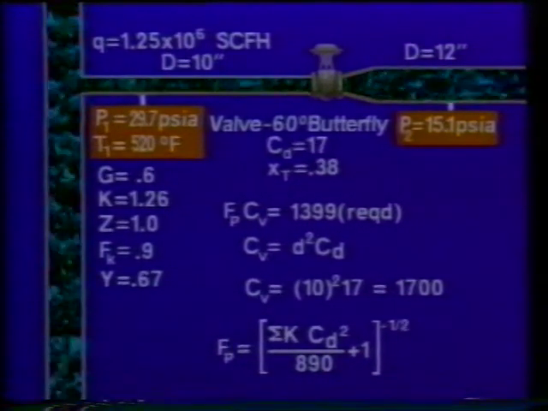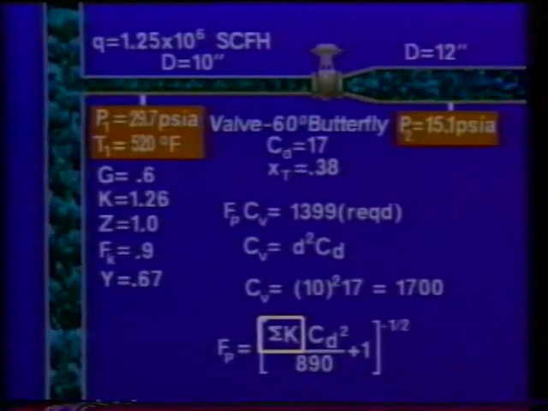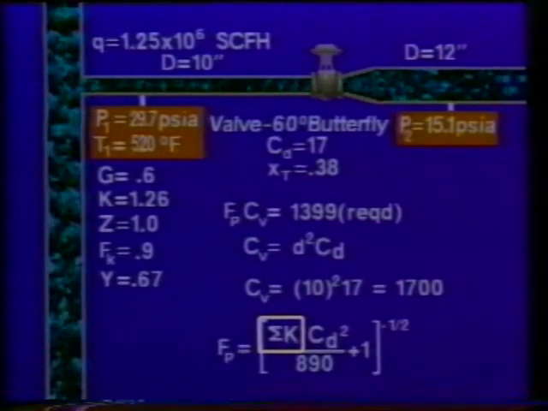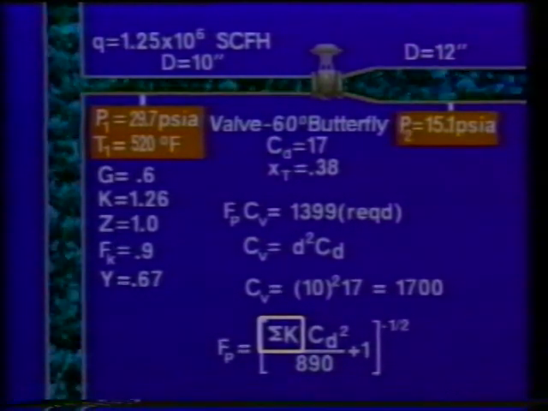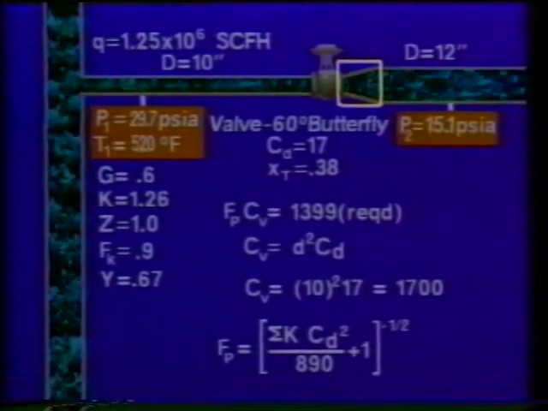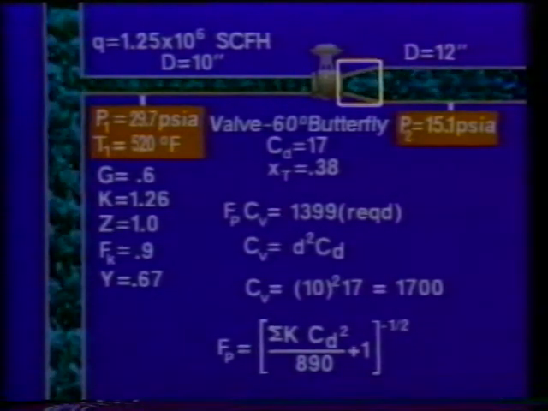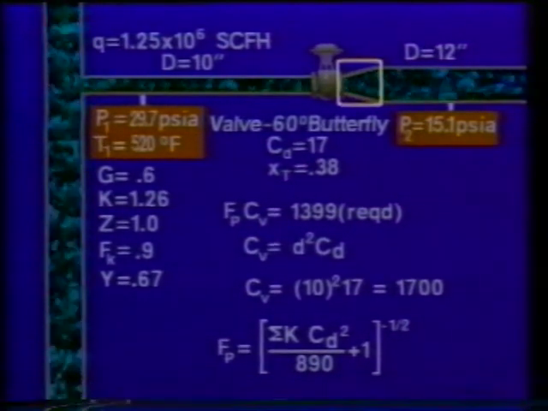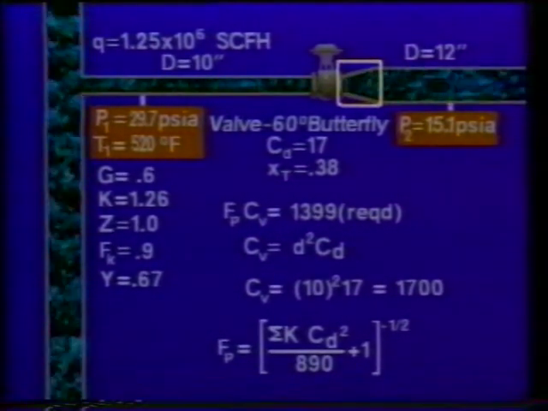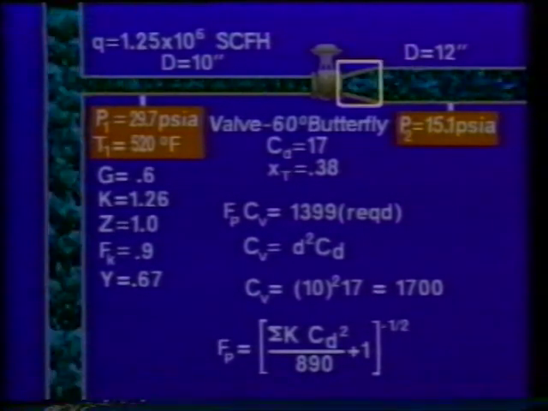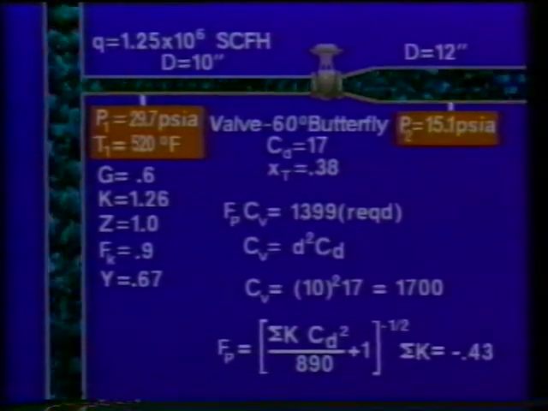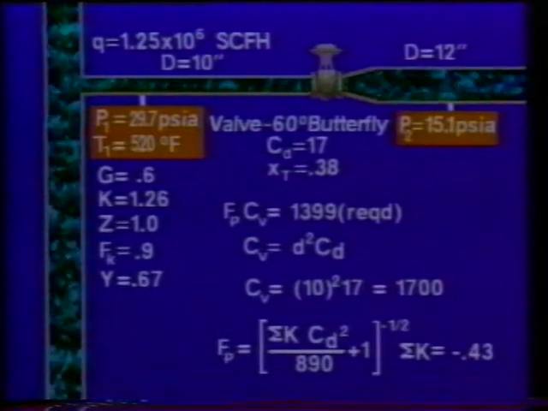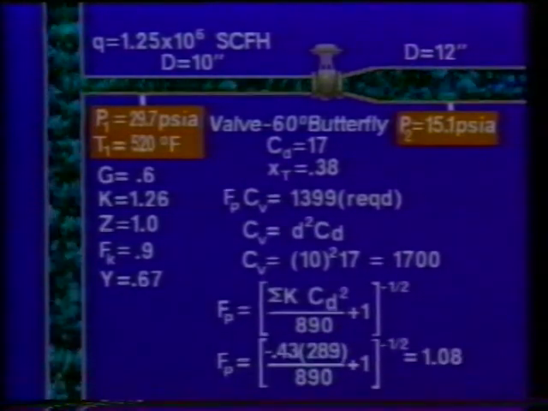To solve for F sub P, the value of sigma K must be determined. This term must be calculated because of the outlet increaser on the valve. The increaser is used in this application to decrease fluid velocity, and therefore acoustic noise, downstream of the valve. The calculated value for sigma K is negative 0.43.